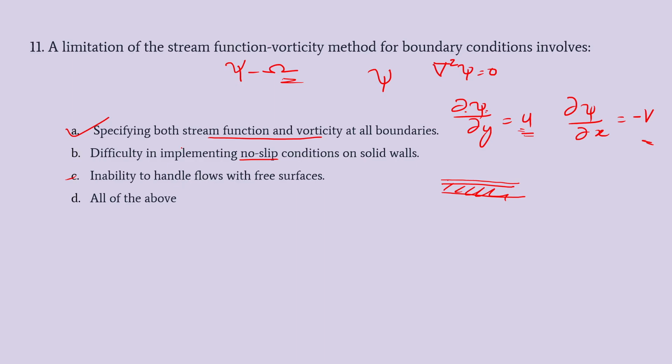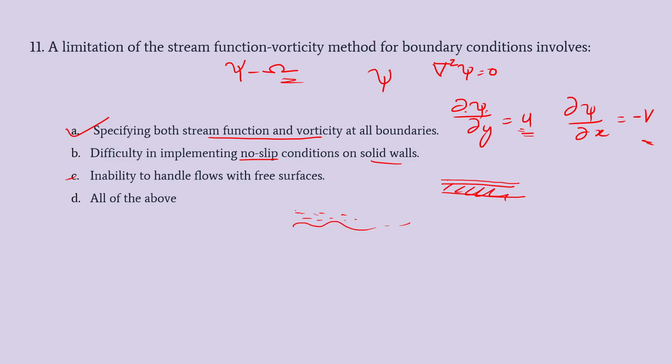Again, inability to handle free surfaces. This is a solid wall, a solid surface, whereas the third one is inability to handle the flow with free surfaces. That is when we have open channel flow, the water or fluid has an open boundary. It won't have any restrictions or solid boundaries there.